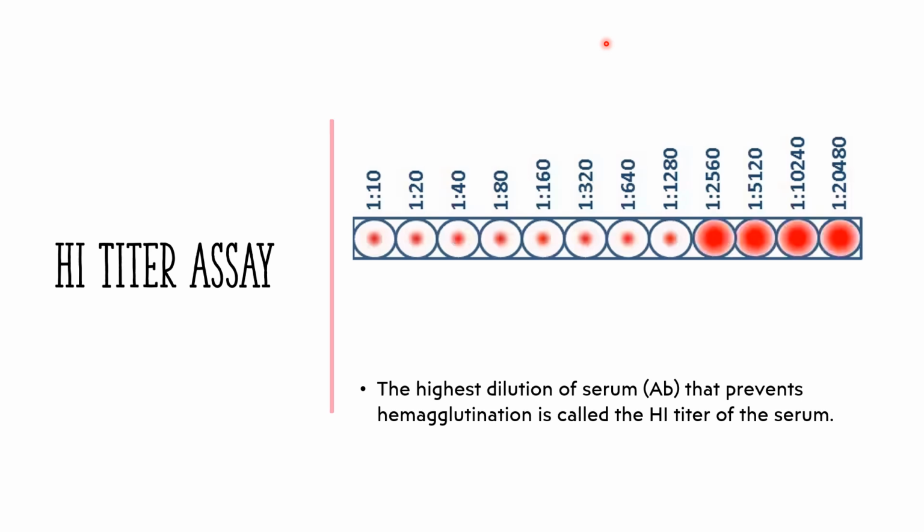At these dilutions, the antibodies were still capable of recognizing and binding to the antigens on the virus. The highest dilution of the serum antibody that prevents hemagglutination is called the hemagglutination inhibition titer of the serum.